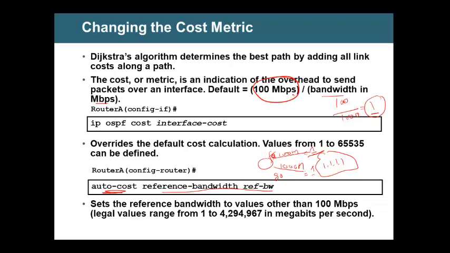Now, if I say auto-cost reference-bandwidth 10,000 instead of 100, then the cost will become 100 for this.